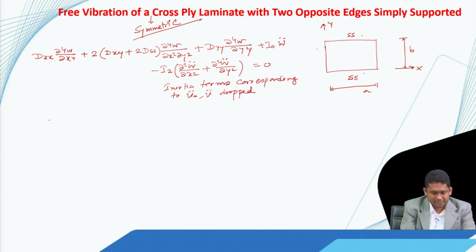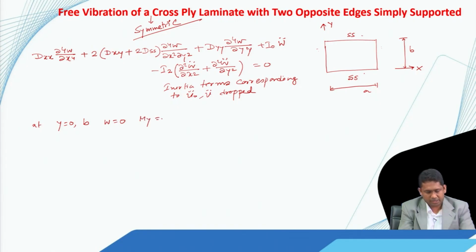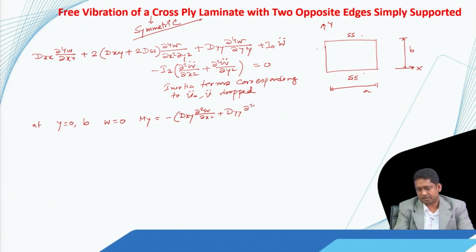Now the boundary condition says that at y equal to 0 and y equal to b, we have w equal to 0 and My equal to minus of D12 into del 2w by del x2 plus D22 multiplied by del 2w by del y2 equal to 0.